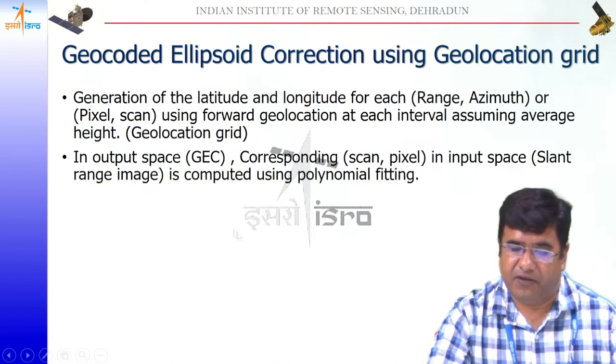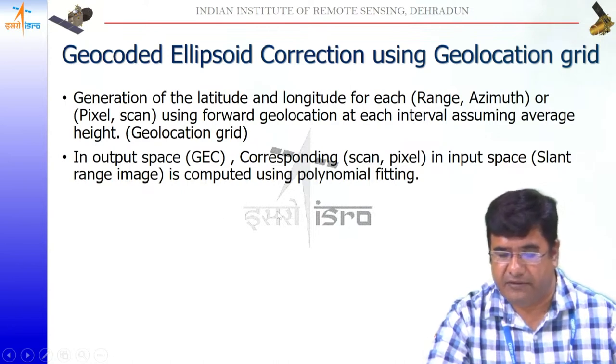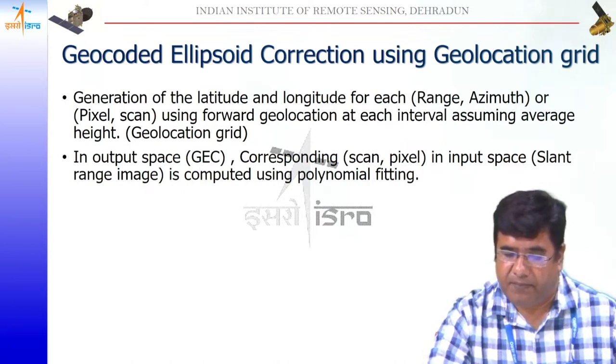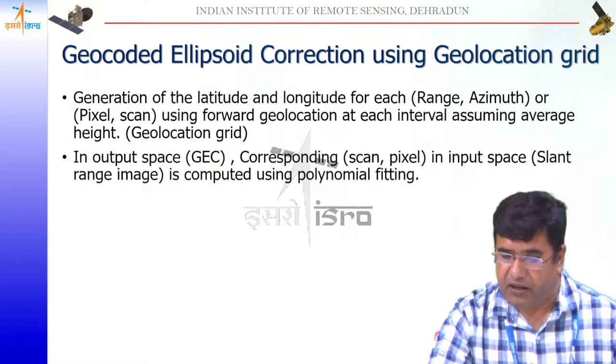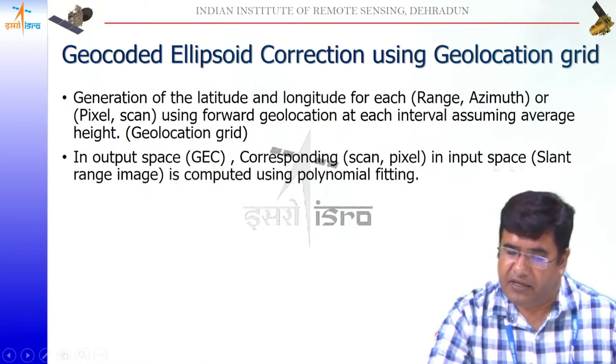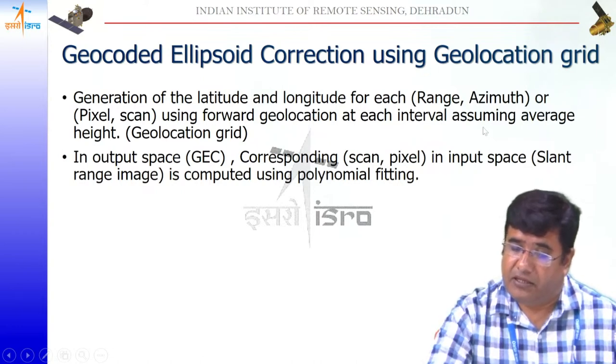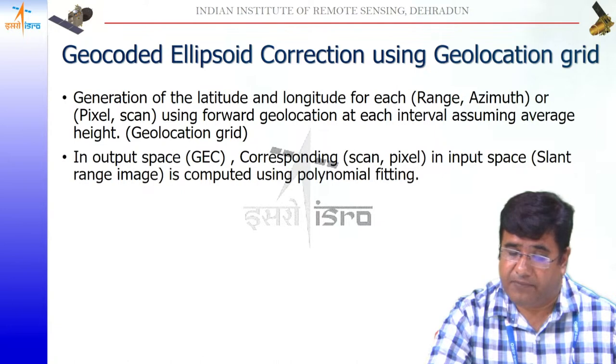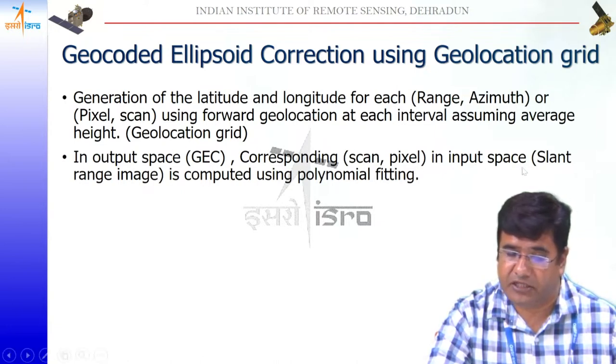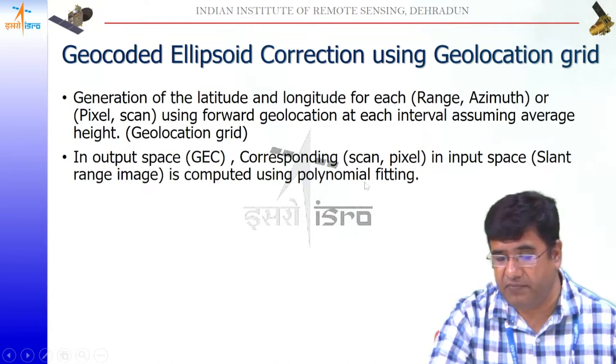For that, using this geolocation grid, we will use some polynomial fitting to convert from slant range to the geocoded ellipsoid corrected product. Okay, so in the output space, the corresponding scan pixel in the input space is computed using the polynomial fitting.